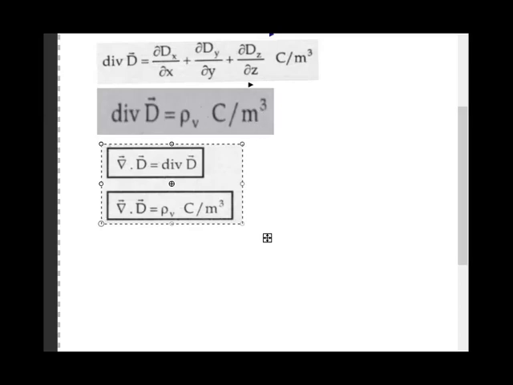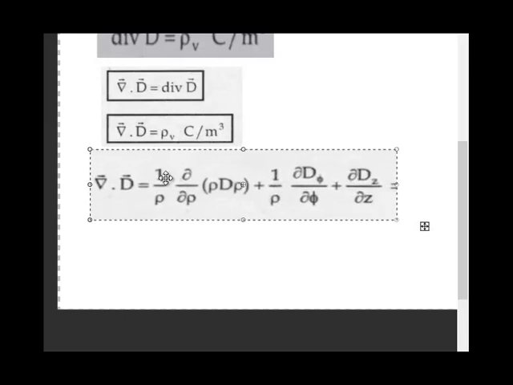But what happens in the cylindrical system? In the cylindrical system, if you multiply both, del dot D will be like this: 1 by rho into del by del rho of rho d rho, plus 1 by rho into del by del phi of d phi, and the last is del by del z of dz.